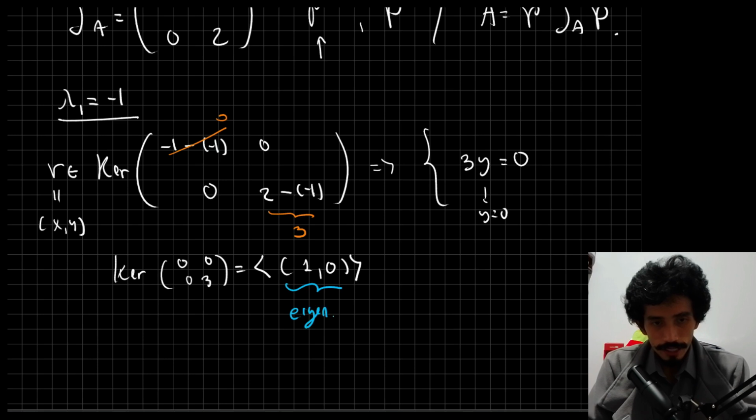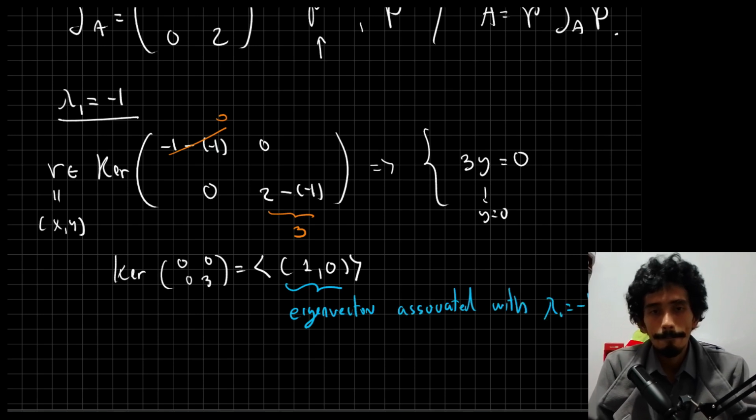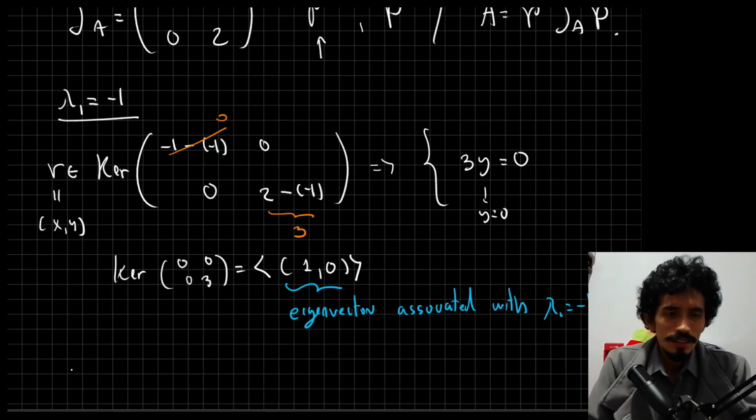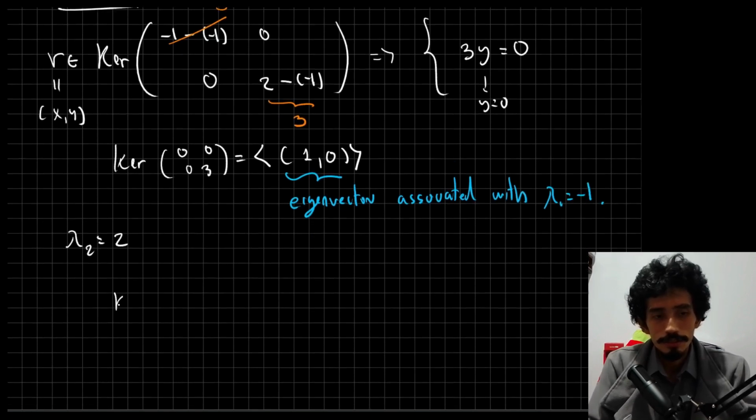So this is our eigenvector that is associated with the eigenvalue -1. Now for the second eigenvalue, that is 2, we calculate its null space.